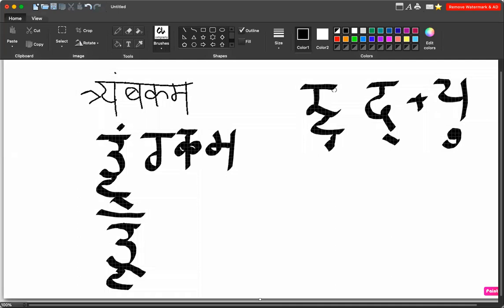And if there is a matra that is being written on the top, it will be written along with the letter on the top, right?